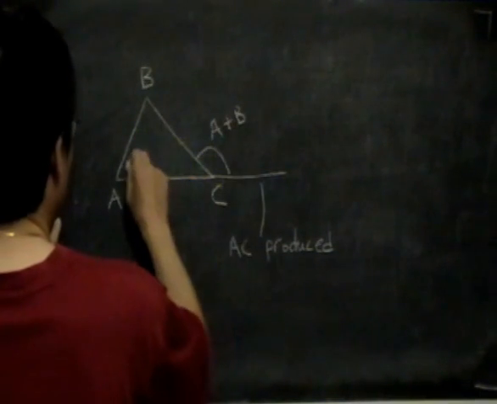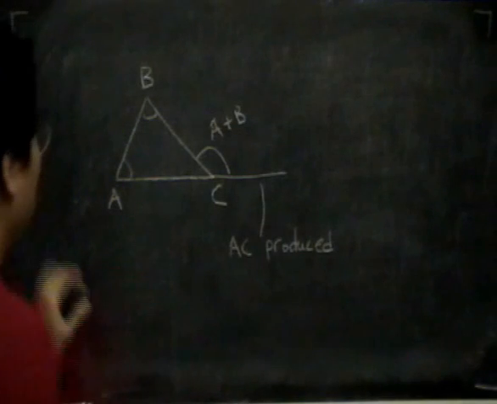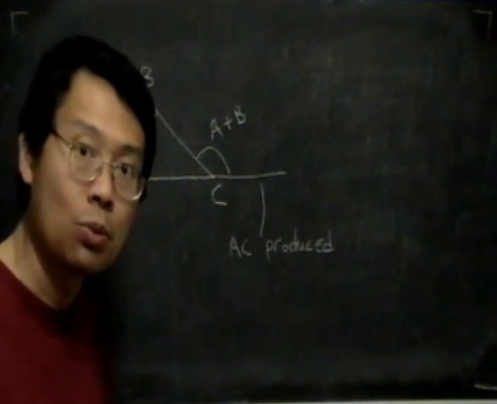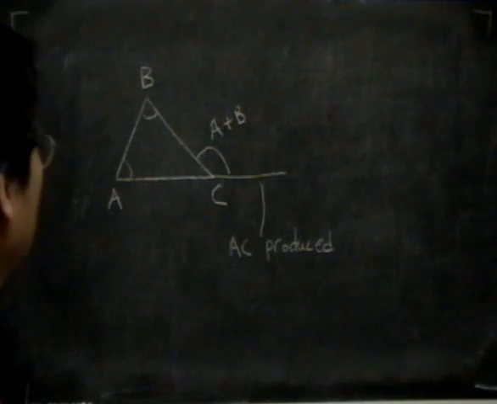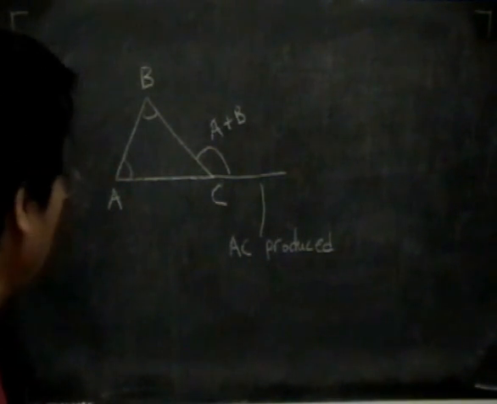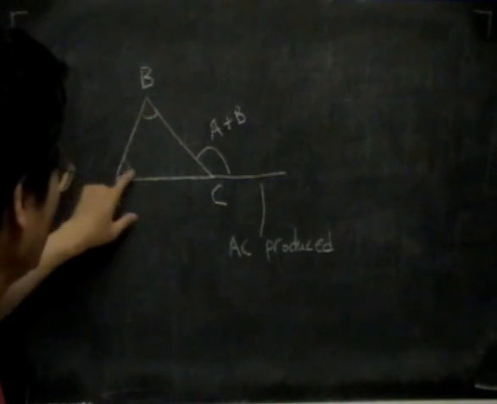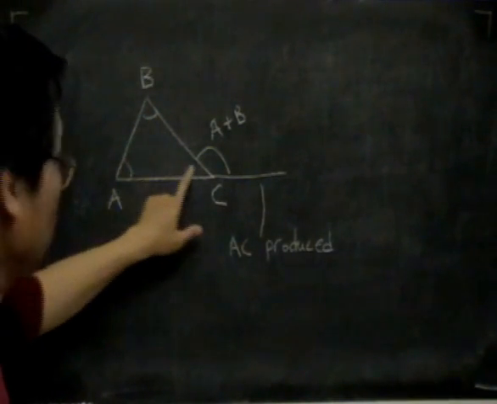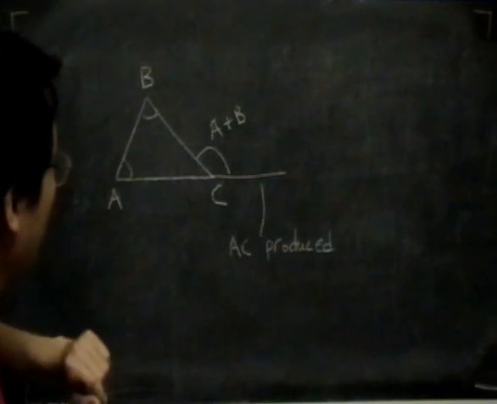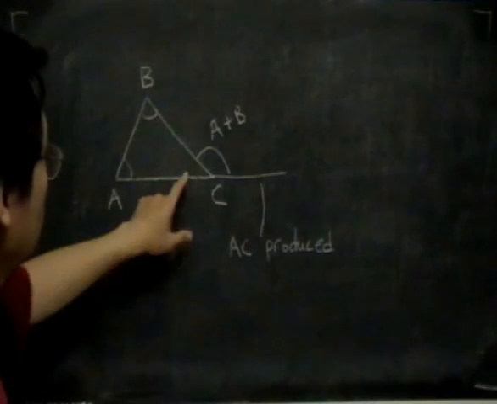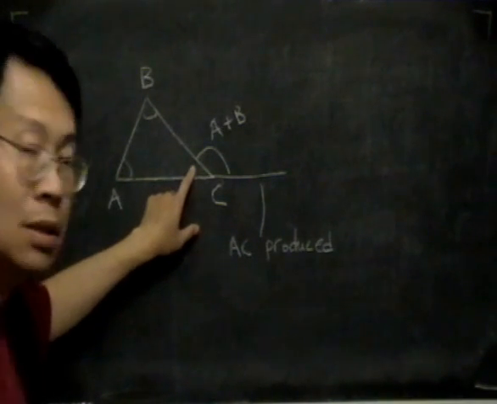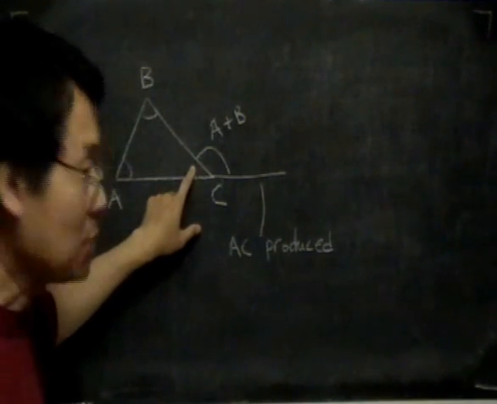So A plus B means this angle plus that angle. In other words, when you add those two angles, you get that angle. Why? It's because of the first property. You remember that the sum of the three angles in the triangle is 180 degrees, right? So if I add angles A, B and C together, the answer must be 180 degrees.